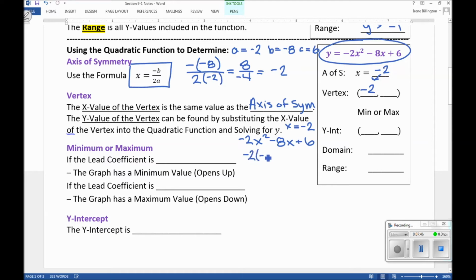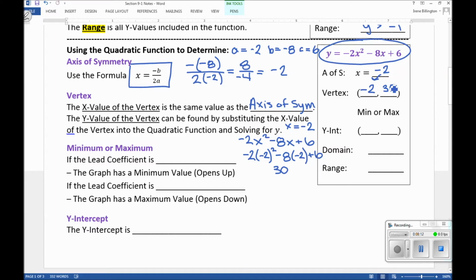So I've got -2 times -2 squared minus 8 times -2 plus 6. Now, you can do some mental math here and work all this through. You can type this entire thing into your calculator, and it's going to give you a value of 30. So the y value of my vertex is 30.